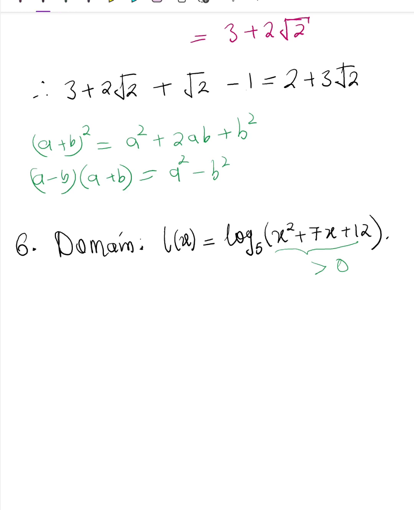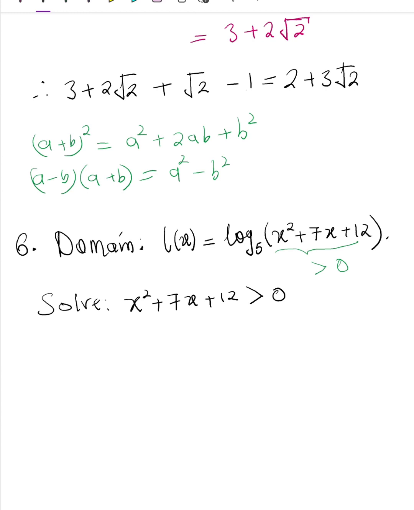Okay, it is always greater than 0. So the task is just to solve the inequality when whatever is here is greater than 0. So the domain, it is just solving x squared plus 7x plus 12 greater than 0.